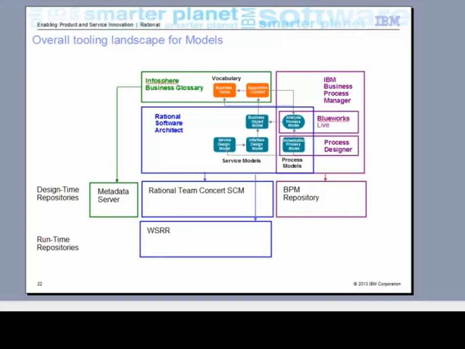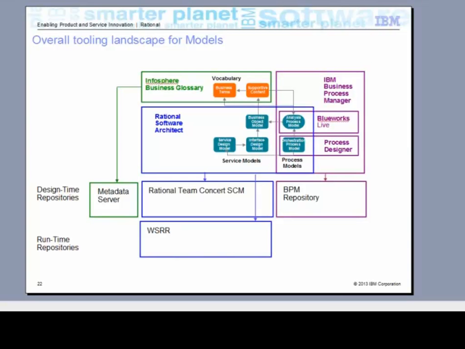One of the benefits of using the models is that you're using common semantics, a common language, so that when we talk about a customer, everybody knows what customer means. Those business terms and related supportive content are traced down to the process, service, and data models as well, so that you're using this glossary, if you will.